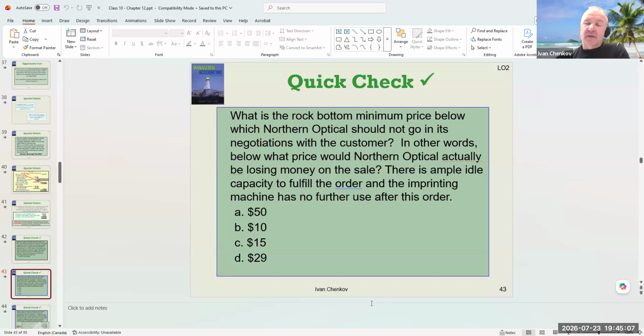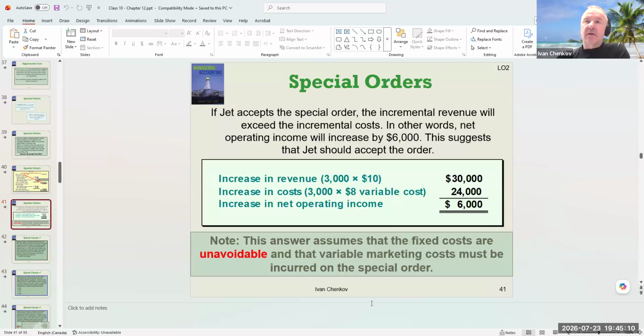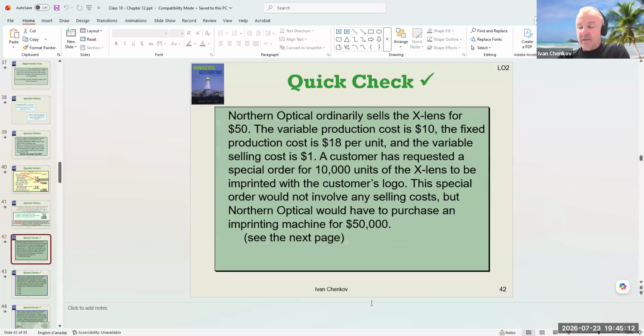Well, let's see what's happening here. We're talking about 10,000 units, correct? My variable cost is $10 per unit. So I have to cover my variable cost. Also, I have to cover the $50,000, which is for the imprinting machine.